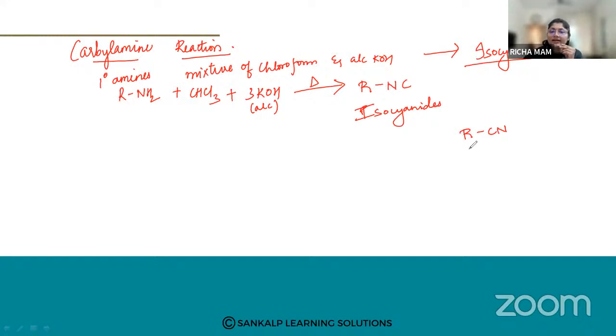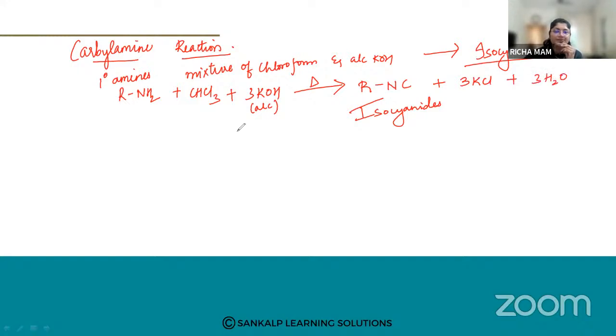Remember this. So we are going to get isocyanide plus the byproducts 3KCl plus 3H2O.